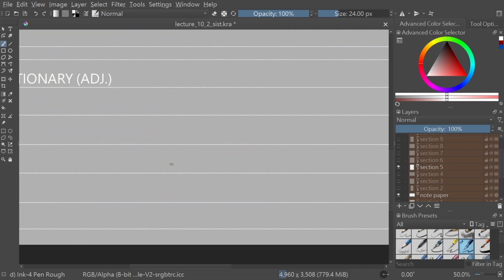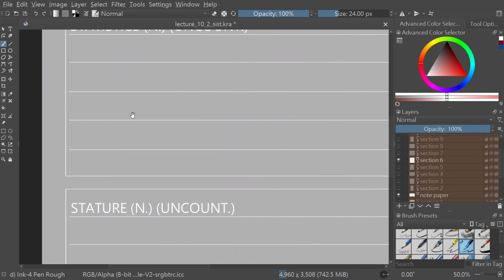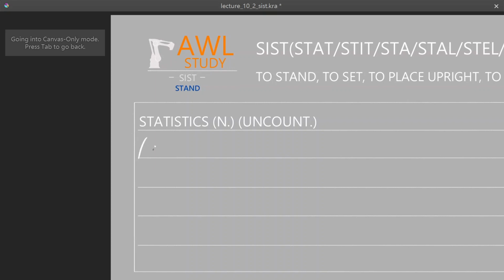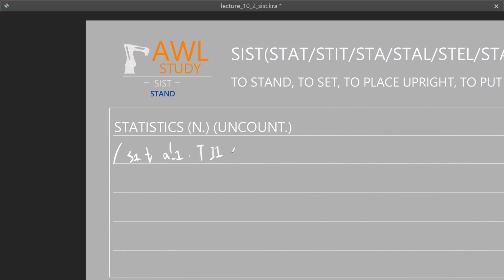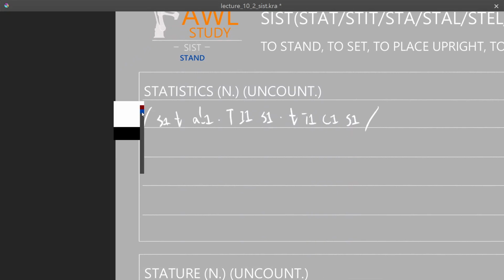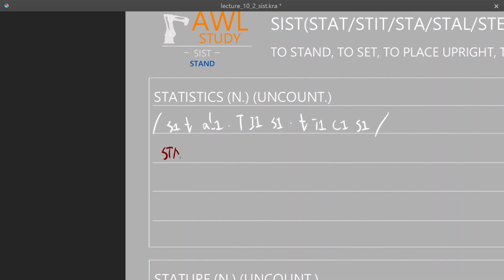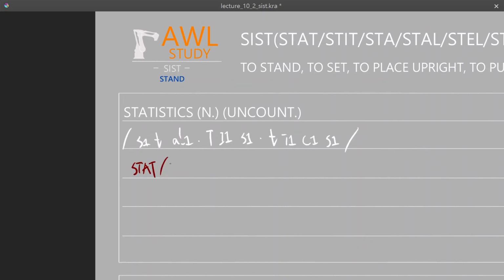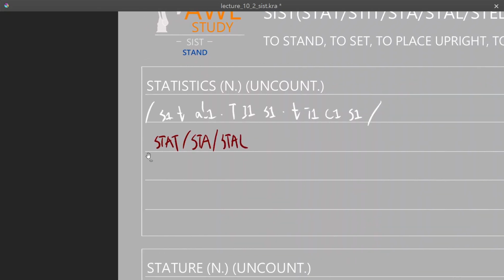Alright, next we have statistics. Again we have the root state, meaning to put.